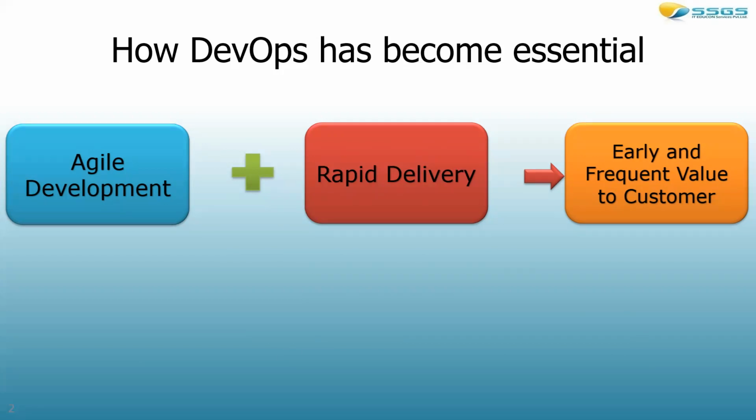So if we add rapid delivery to agile development, then early and frequent value will be given to the customer, and that is possible by DevOps. So agile development is a part of DevOps. It's not something outside DevOps, but in addition to agile development is rapid delivery.